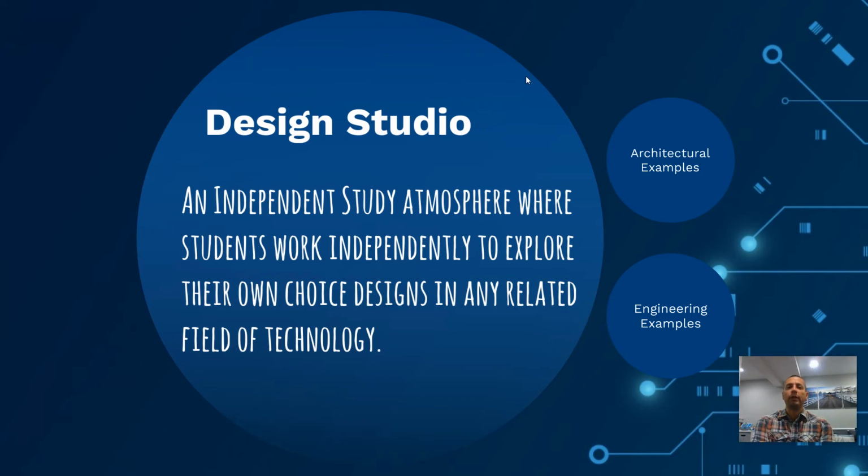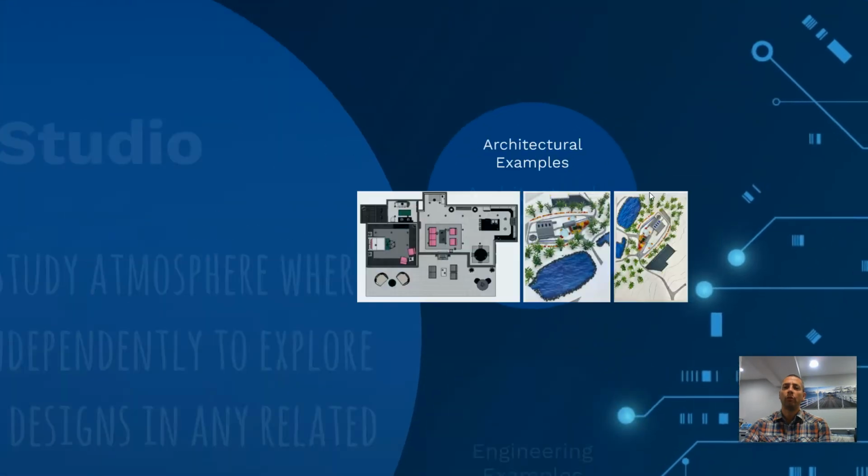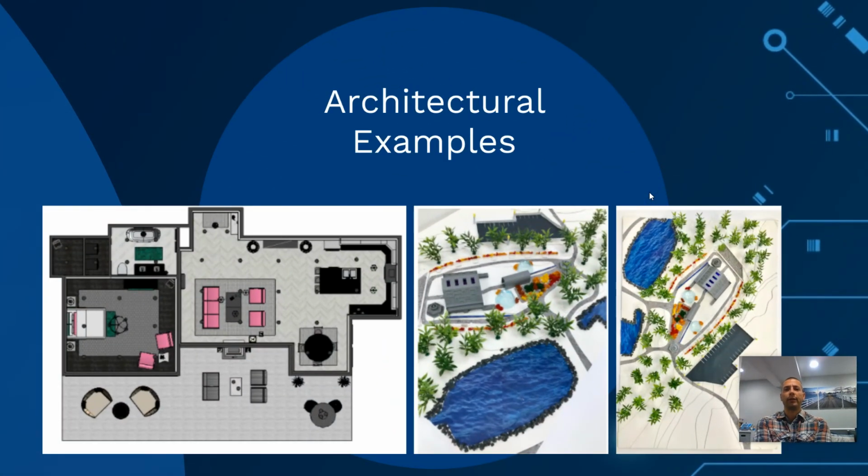What we see here is the opportunity for a student to explore independent, individual solo projects in architecture. Some people were designing the entire home, or they were making a scaled model for a park.